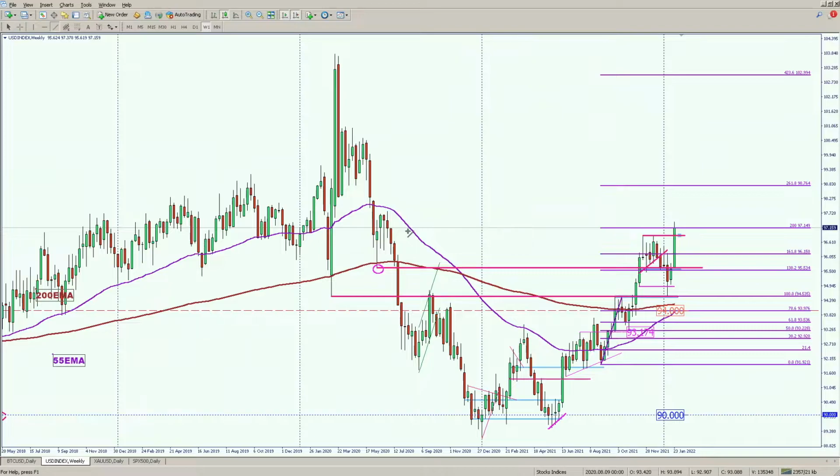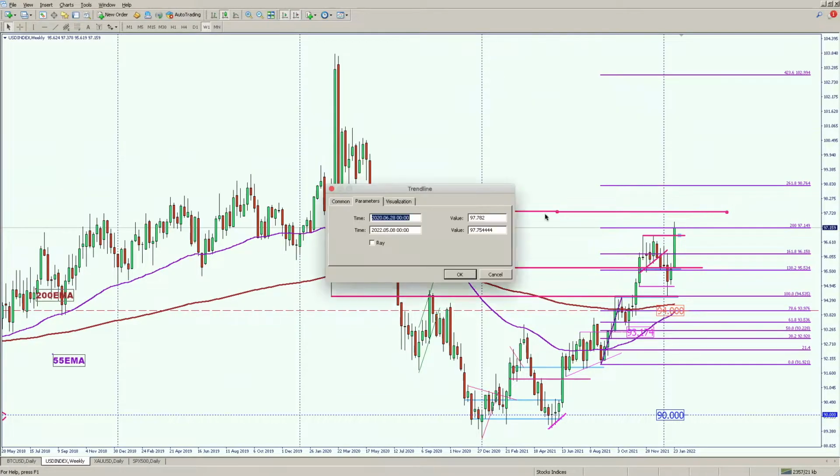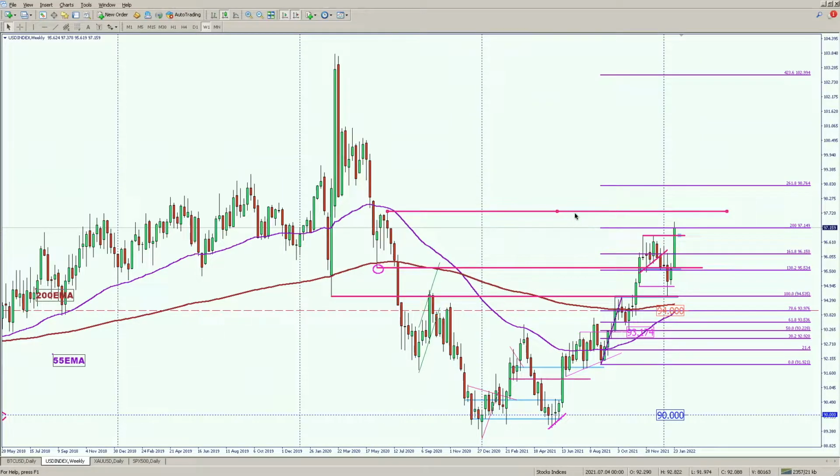There is a swing high wick up here, and let's also mark a round figure at 98.